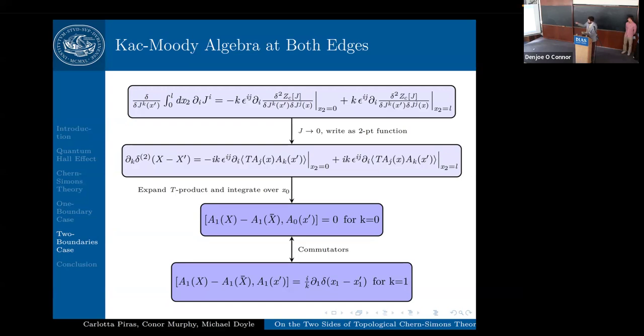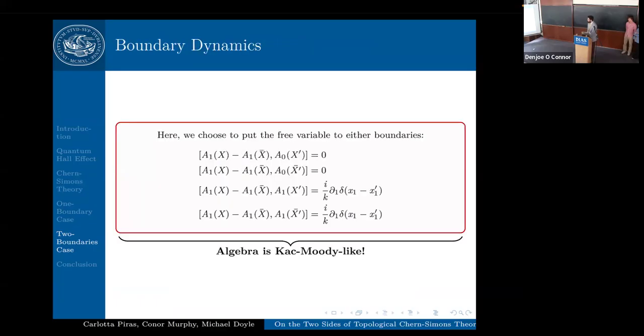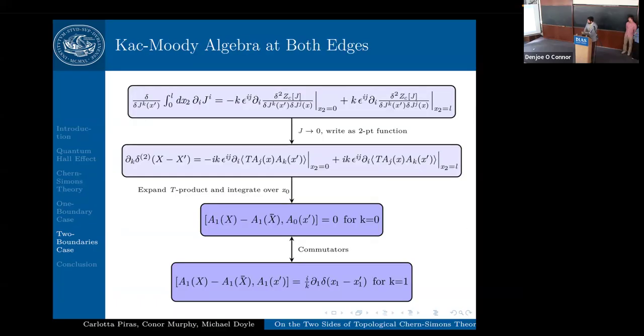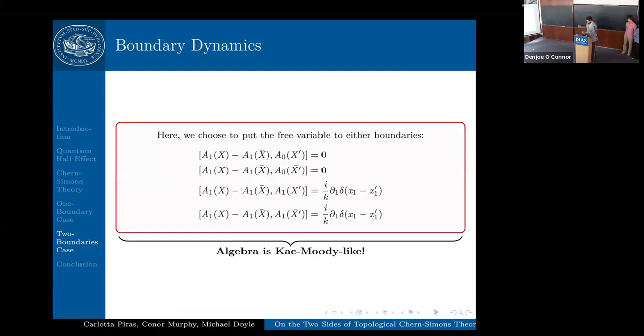And here the capital X's denote points on either boundary, where the unbarred is on the x2 equals 0 boundary, and the barred is on the x2 equals L boundary. Since the x prime is coming from the functional derivative, which we're acting on the broken Ward identity, it's free, and we can set it to be on either boundary, which is what we do next.